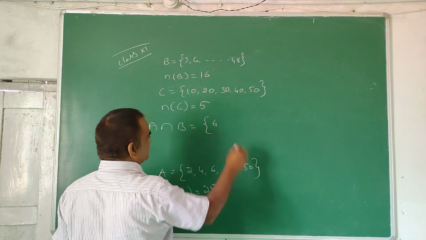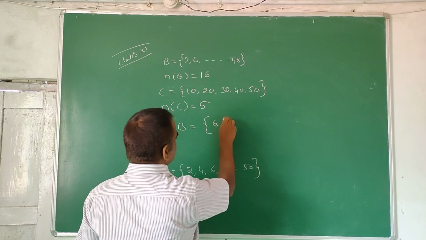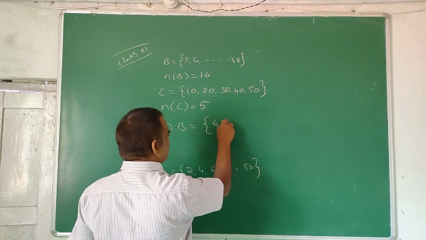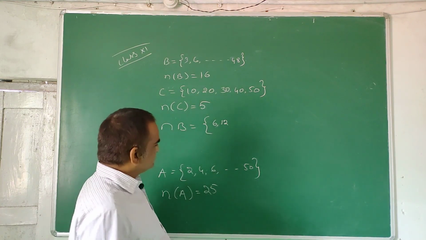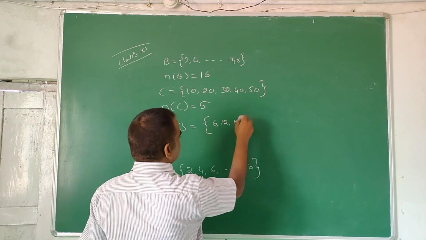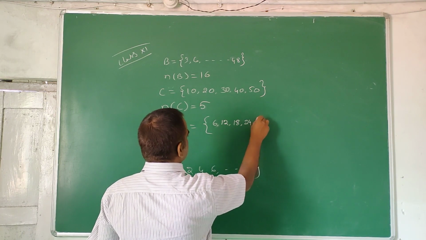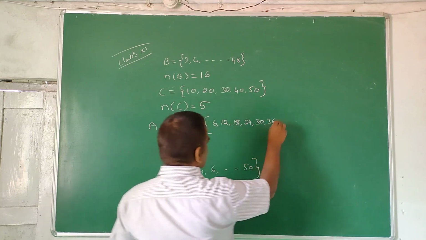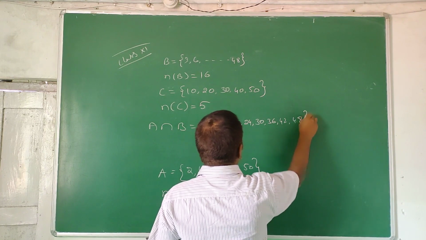So you can take 6, and then 12, 18, 24, 30, 36, 42, 48.